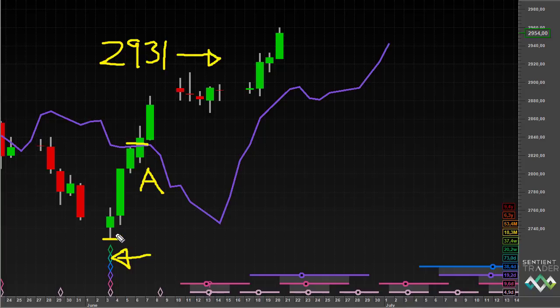So what is the cycle move that we are actually tracking? Well, because we are looking at interaction between price and the 20-day FLD, we are in fact looking at the first 20-day cycle move up from this trough on the 3rd of June. So the 20-day cycle is expected to push price up.